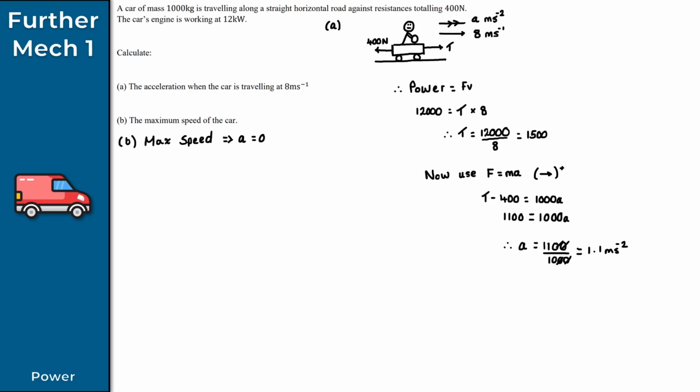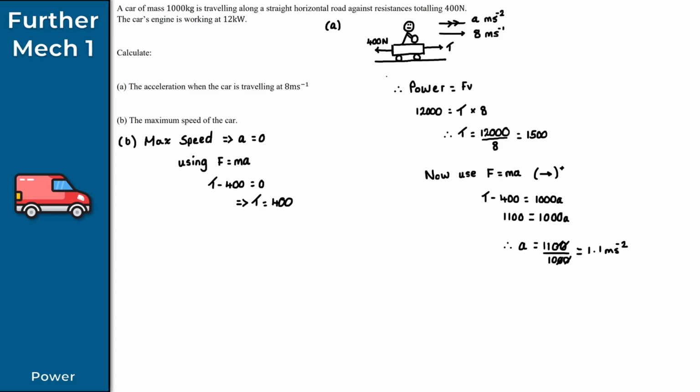So again, if we use Newton's second law here, so again, using F equals ma, then in that case, I get T minus 400 again. So T minus 400 is equal to ma, but A here is 0. So T minus 400 is equal to 0. And in that case, then T here is equal to 400.